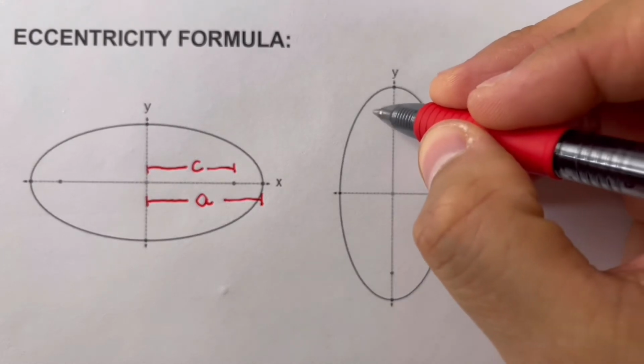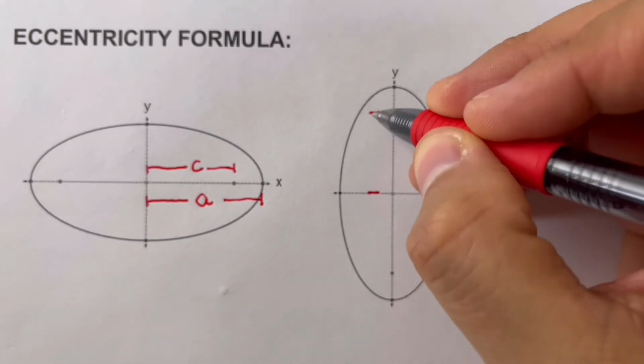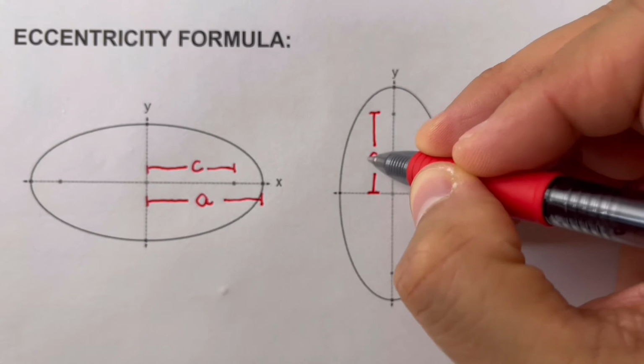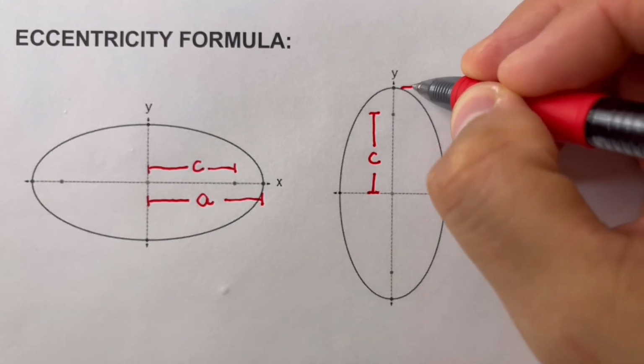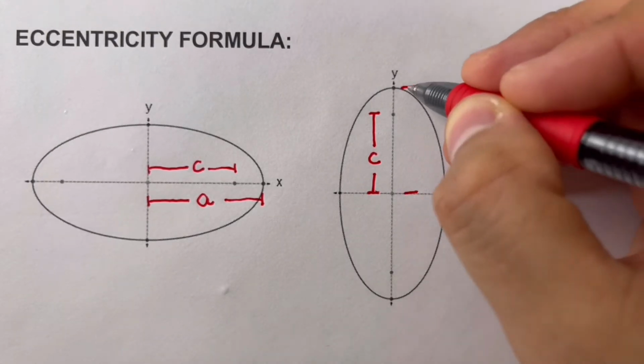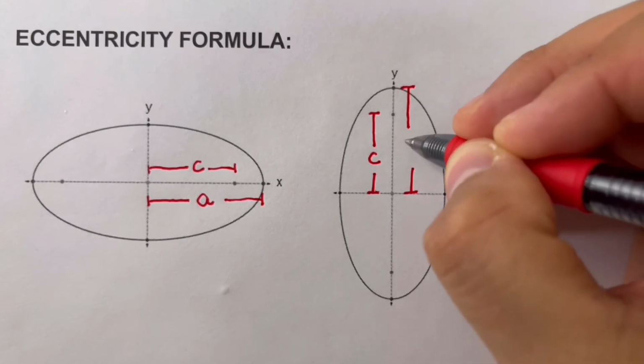The distance from the focus to the center is represented as letter C, and the distance from the vertex to the center is represented as letter A.